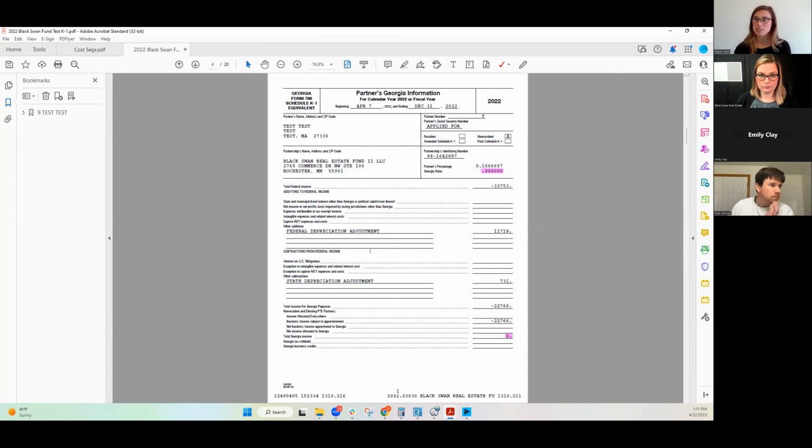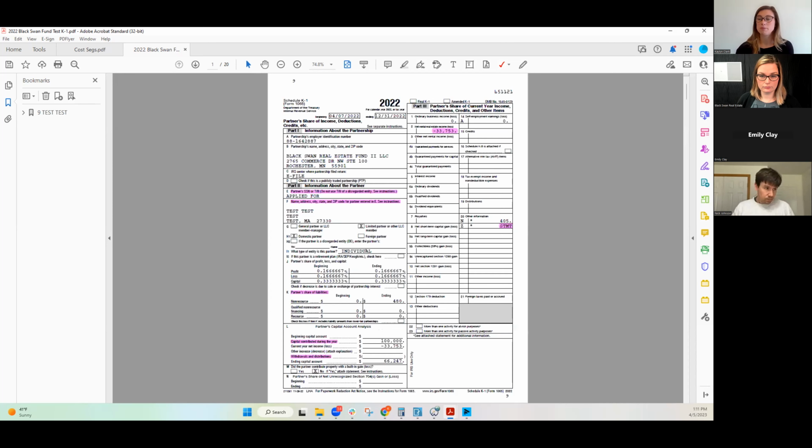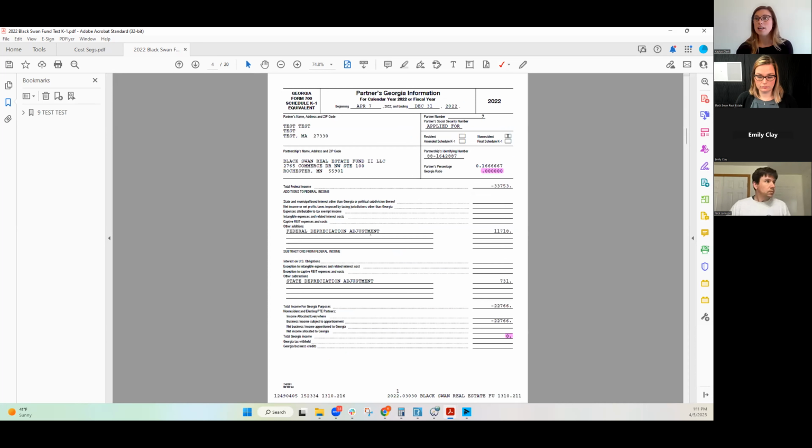The reason they do that is because when these K-1s get transmitted, your federal K-1 is transmitted to the IRS. The IRS has that on file. But if you live in New York, New York has no idea that you're invested in this partnership and you may be receiving income. So New York puts that burden on the partnerships to file and essentially let them know that, hey, there are New York investors here.